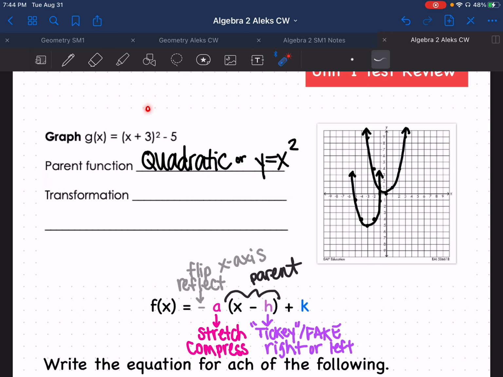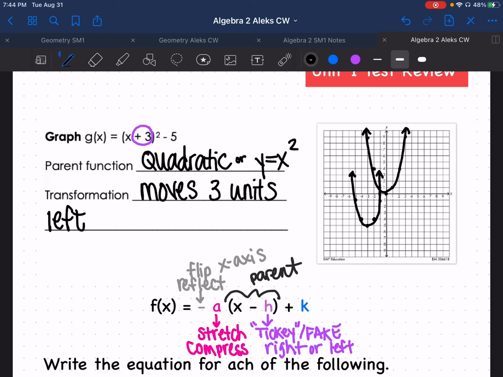All right, so let's take a look right here. This guy right here is my tricky H value. I want to say to the right because it's positive, but I'm going to actually say moves 3 units left. I just need to see that it's 3 units left.